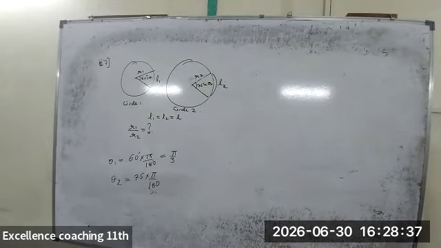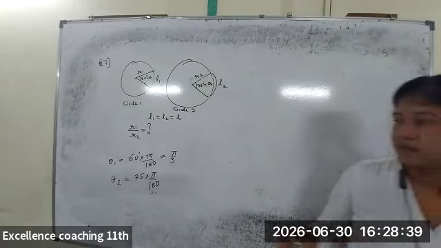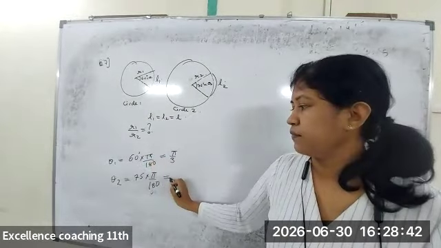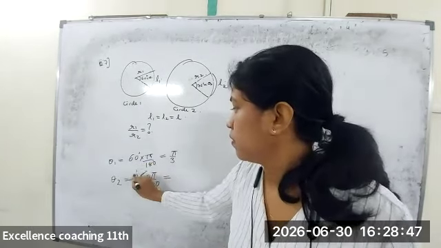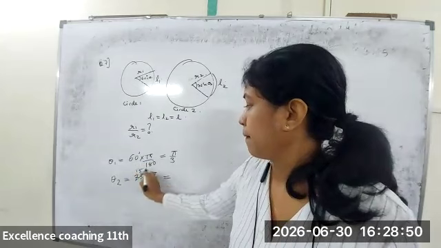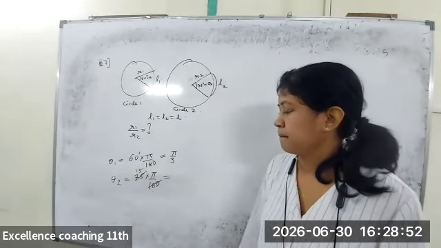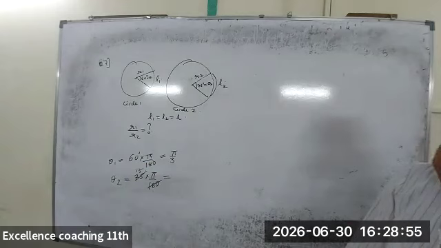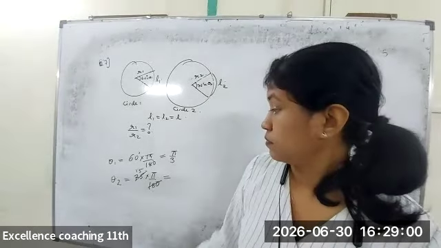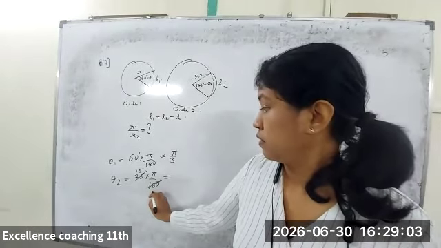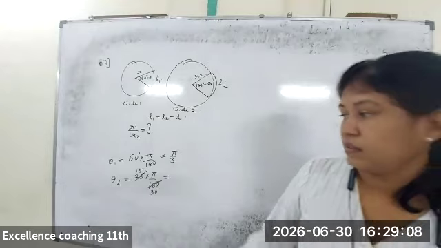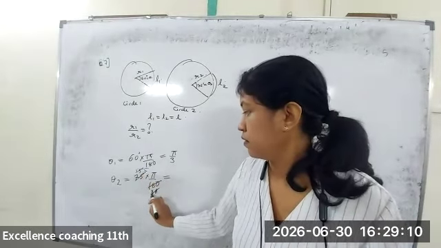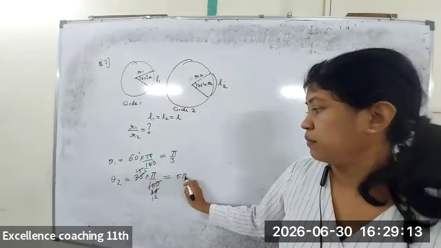So convert them into radians. This is straight away pi by 3, and the other is 5 pi by 12.